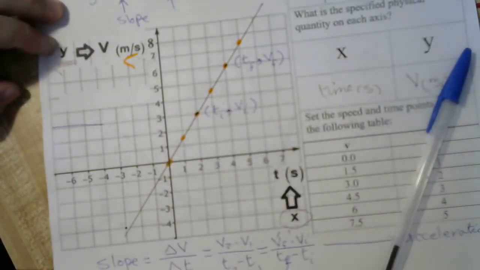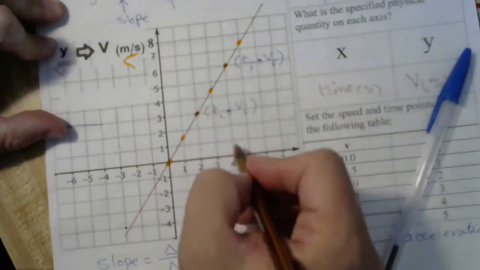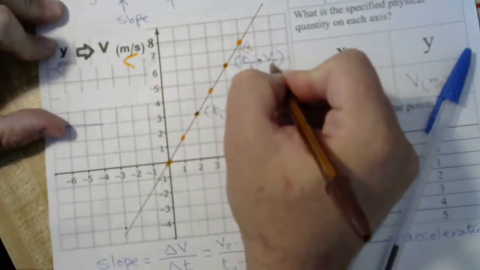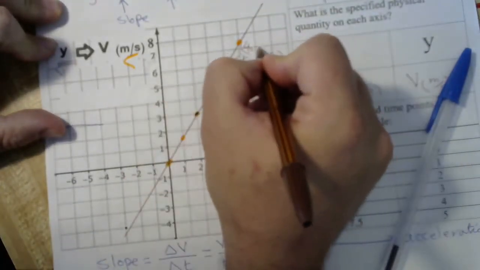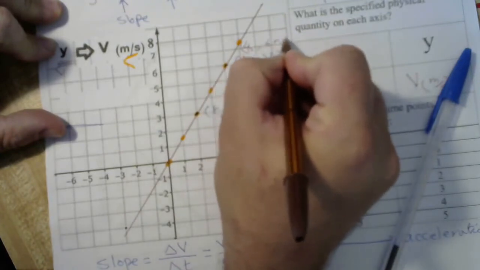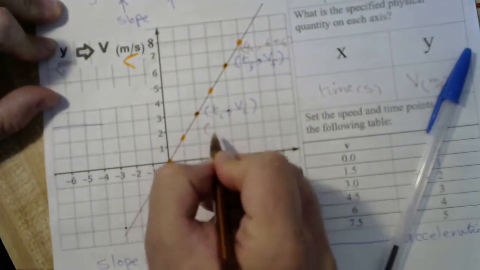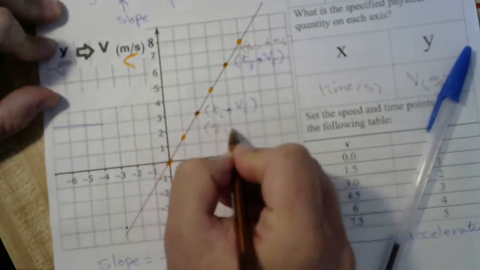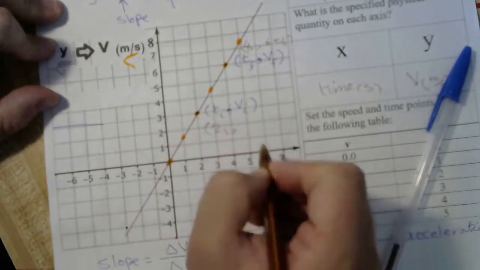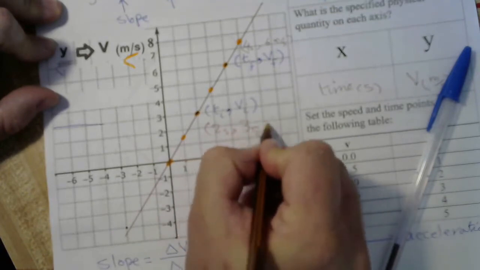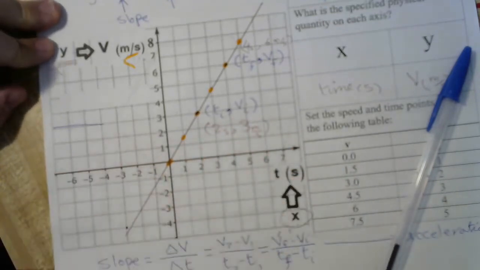Okay, t final is 4 seconds and v final is 6 meters per second. T initial is 2 seconds and v initial is 3 meters per second. Now I can find the slope.